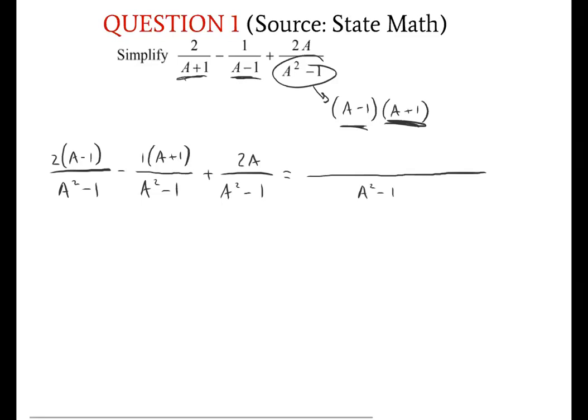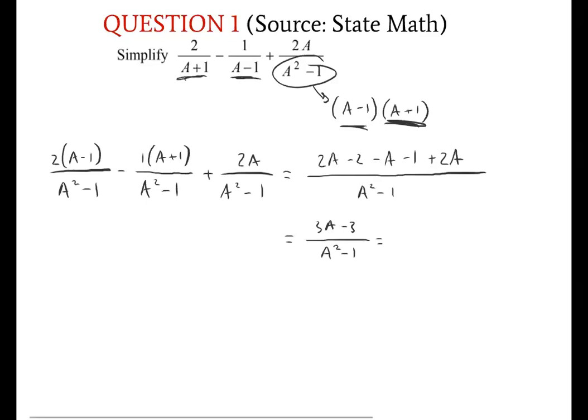So we have 2a minus 2 minus a minus 1, and then plus 2a. So this is equal to 3a minus 3 over a squared minus 1.